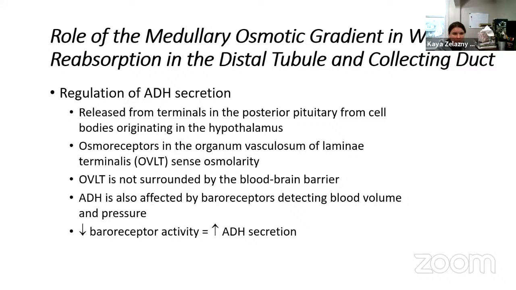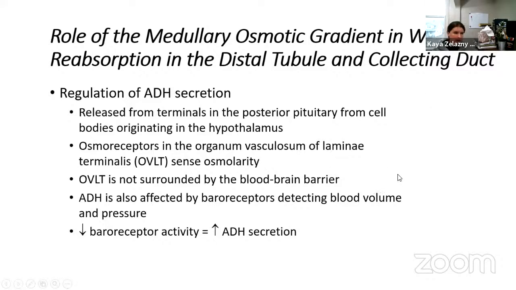The posterior pituitary is the one where we have neurons originating in the hypothalamus, and the other end of the neuron, the terminals, are in the posterior pituitary. So when we talked about neurohormones, ADH was one of them. This is a throwback, but I know that endocrine unit was a lot, so it's worth a reminder.